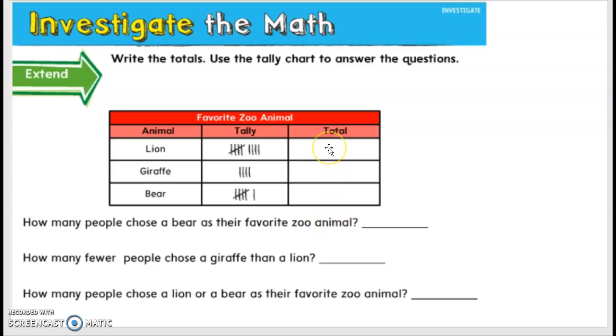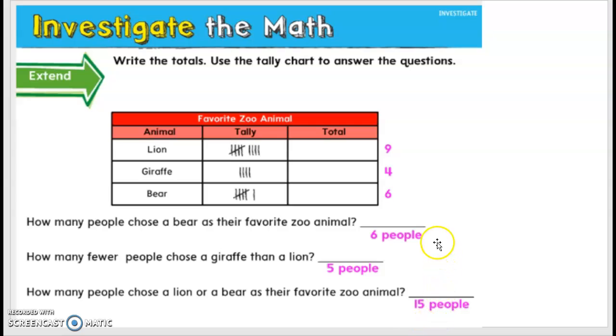We would take the number for the lion and subtract the number from giraffe. What do we have left? And then, how many people choose a lion or a bear as their favorite animal? And all you do is count them up.